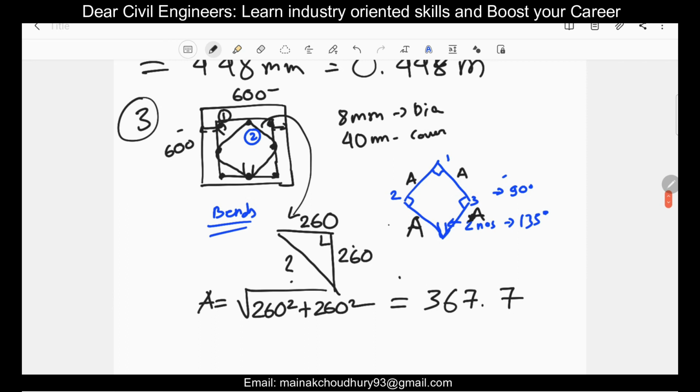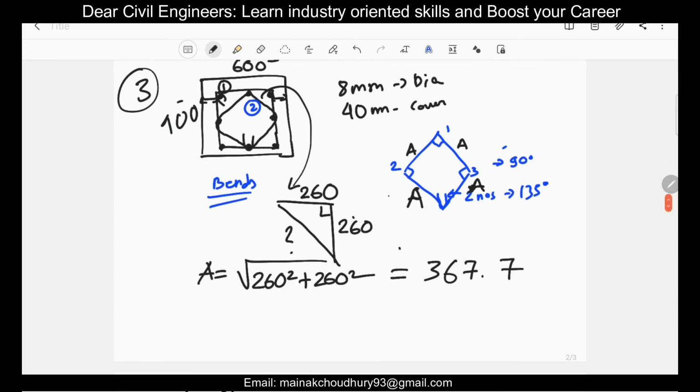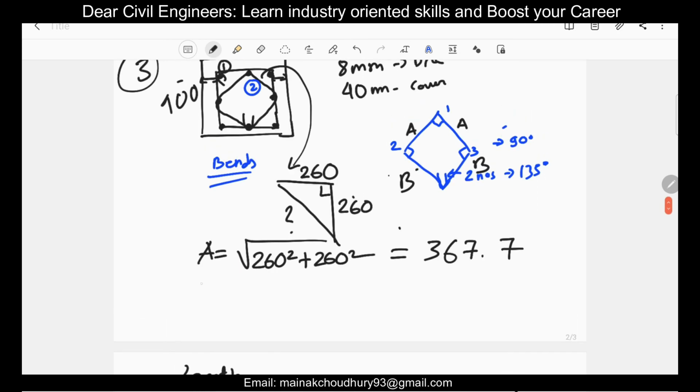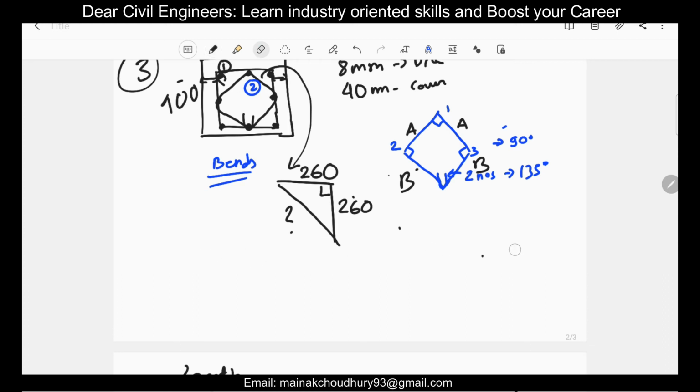And for the same problem, if you just make this as, let's say, 400, then let's make this as A, and this, let's make this as B. So A length we already know, and B is 1. A length will also change here, so the problem will change.